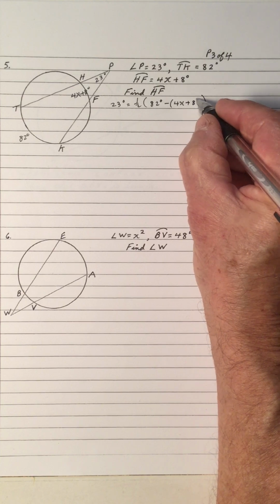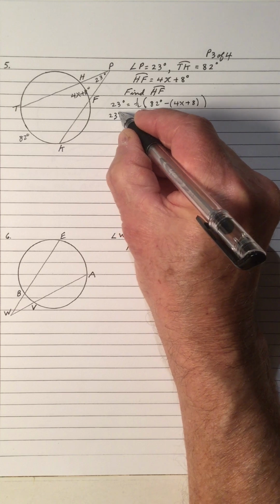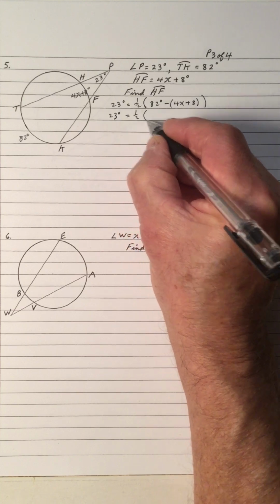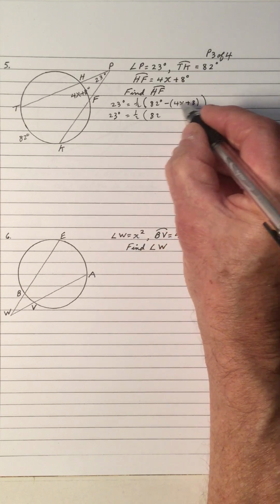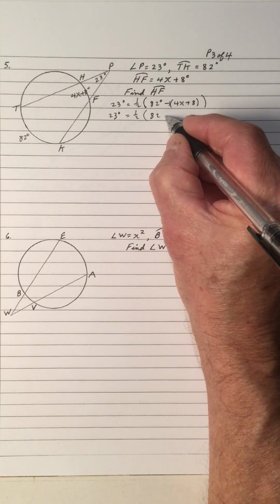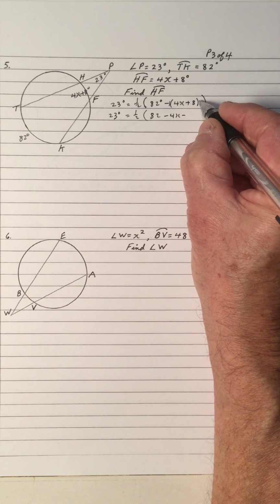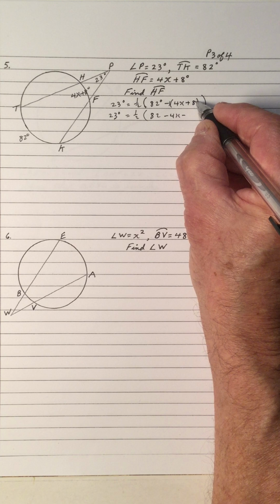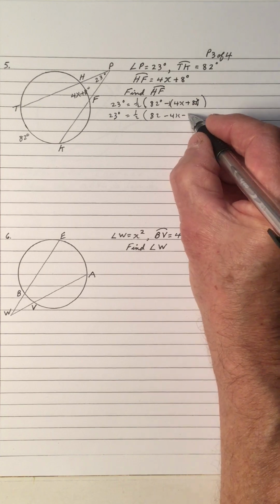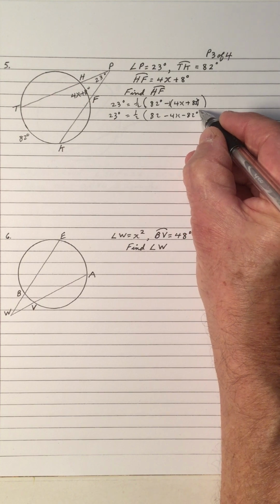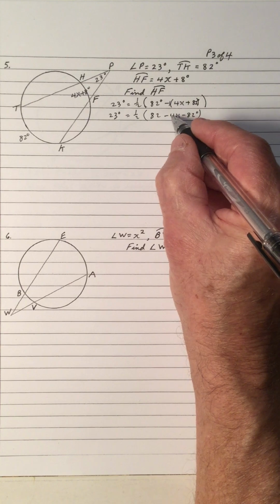So let's do it this way. So 23 degrees is a half. So I have to simplify inside first. So it's 82 minus this binomial. So think of that as a negative 1. So it's 82 minus 4x, and oh, I left off the 8 here. When you subtract, you add on the opposites.